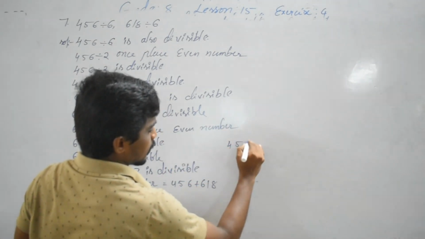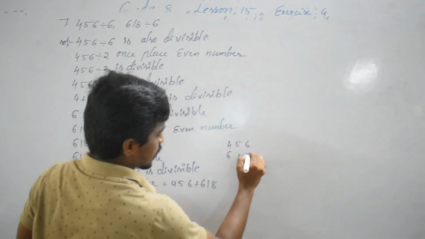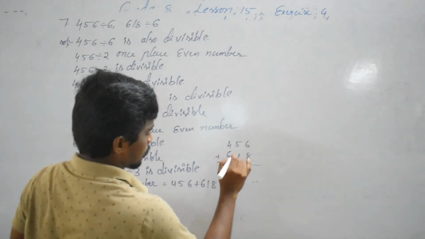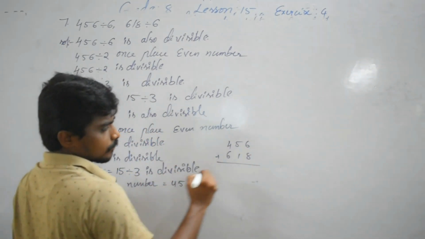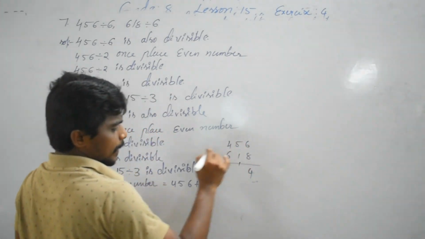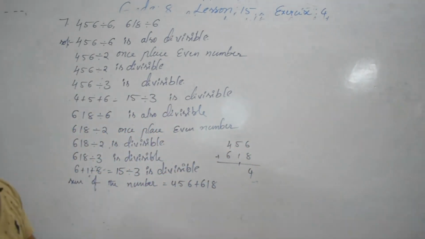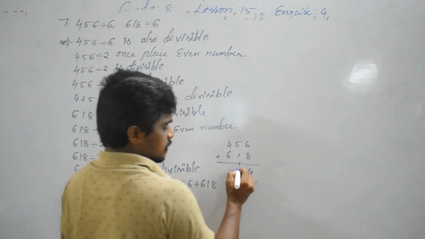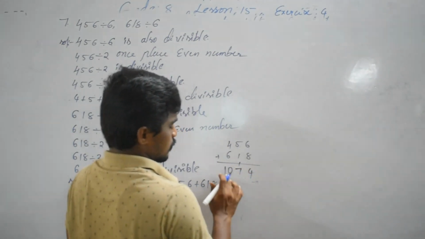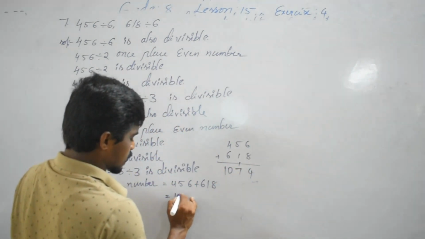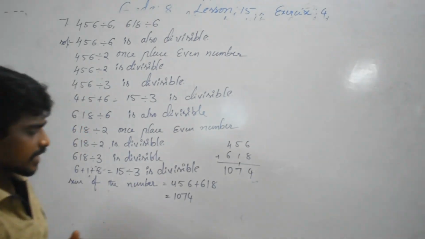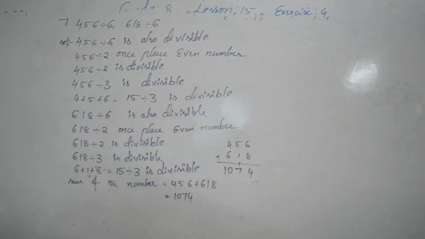So 456, 618. 6 plus 8, 14. 5 plus 1, 6. 6 plus 1, 7. 10. So 1074. They are asking whether 1074 is divisible by 6.